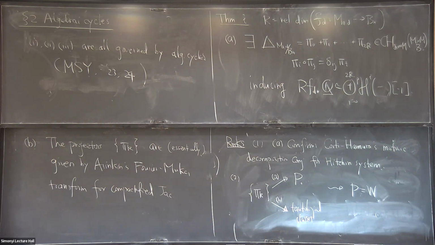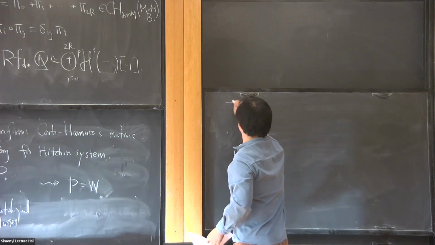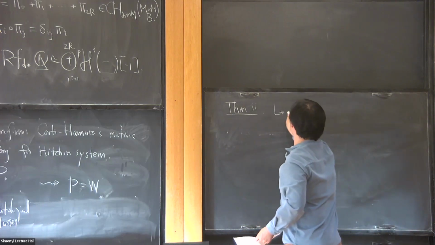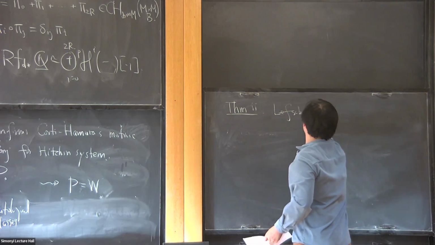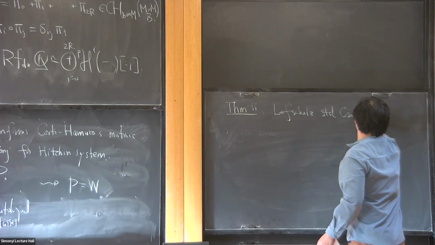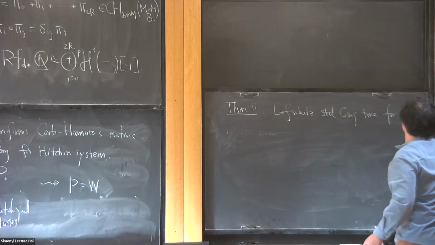Okay, the second theorem is that the Lefschetz standard conjecture is also true for the Hitchin system. Theorem 2: the Lefschetz standard conjecture is true for FD.